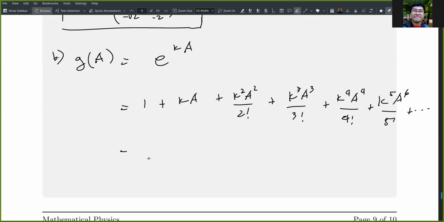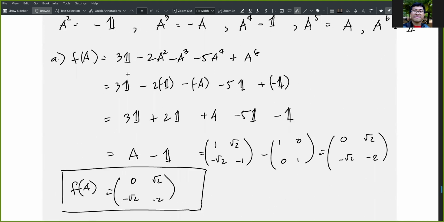Okay, we substitute terms. One here doesn't have a matrix coefficient, so it's understood that it is simply the unit matrix. Plus kA, plus k squared over 2 factorial times A squared, which is negative 1.